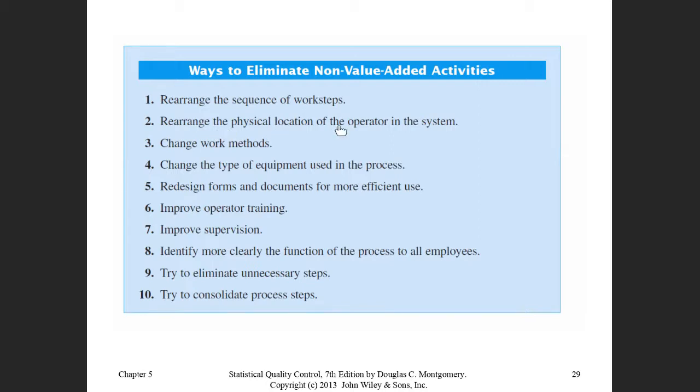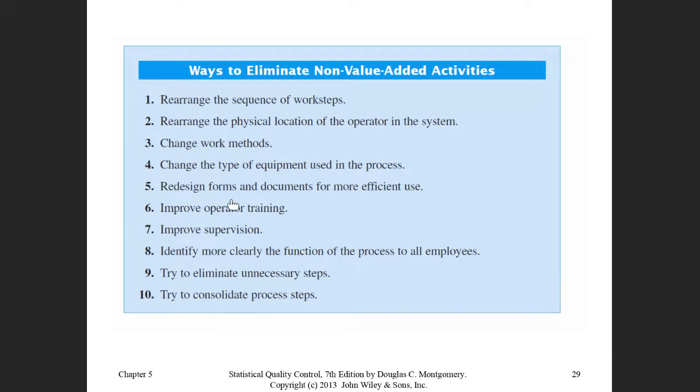Rearrange the physical location of the operator. Sometimes there is waste or non-value added activity of motion or traveling distance in the organization, and it sometimes causes part of the variability in the process. Working method, changing the type of equipment used in the process, which could be old or slow.